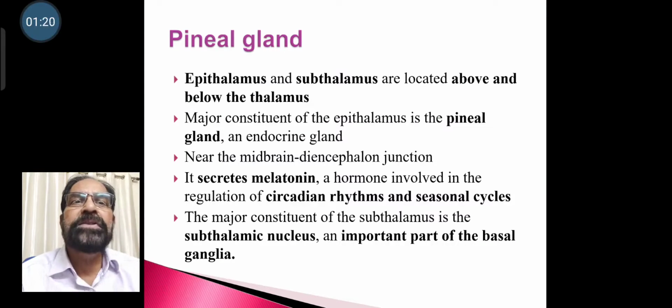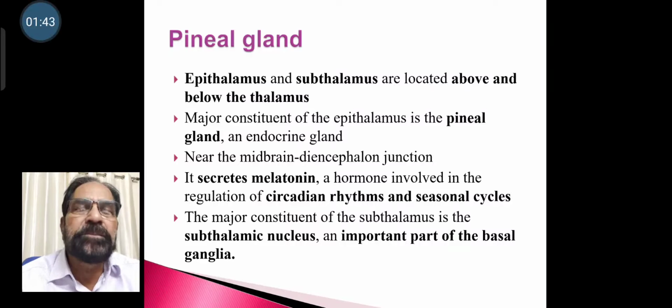The major constituent of epithalamus is the pineal gland. It is an endocrine gland located near the junction of midbrain and diencephalon. It secretes melatonin, a hormone involved in the regulation of circadian rhythms and seasonal cycles.